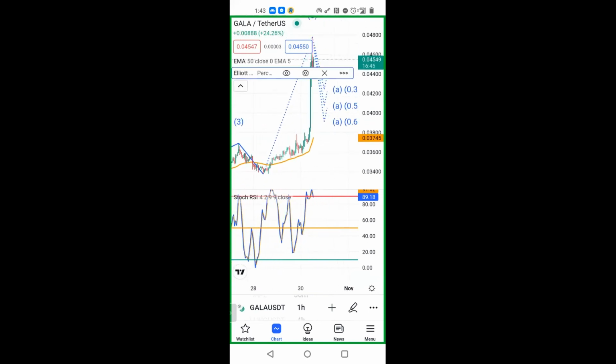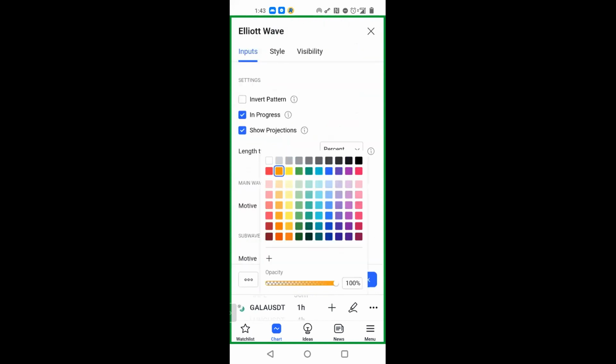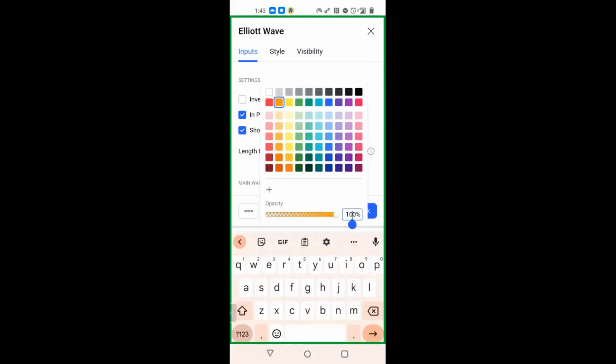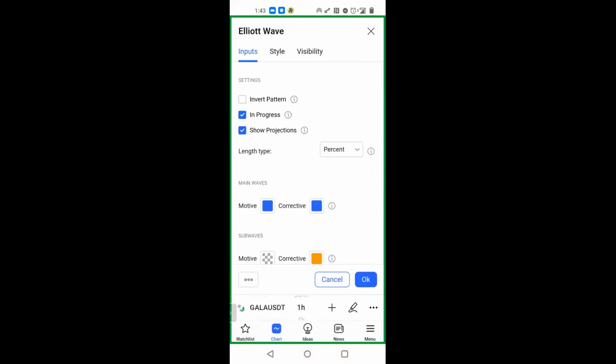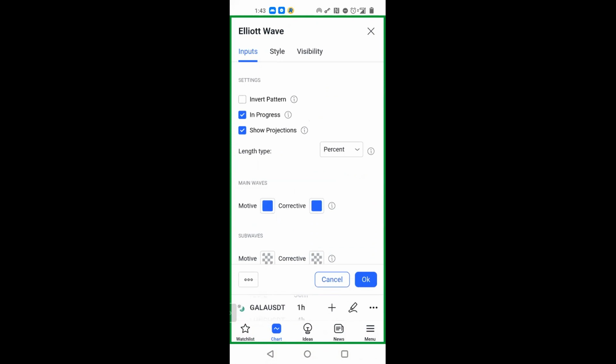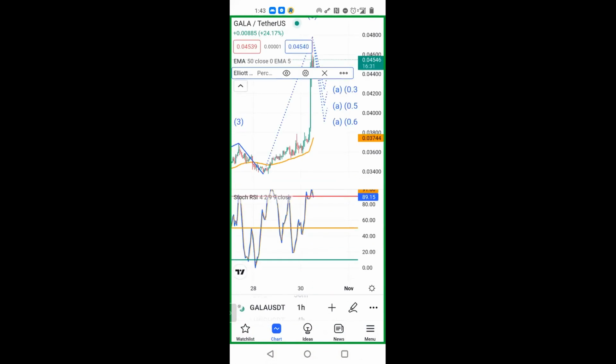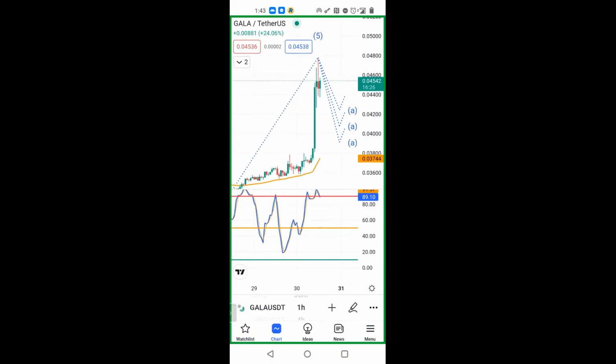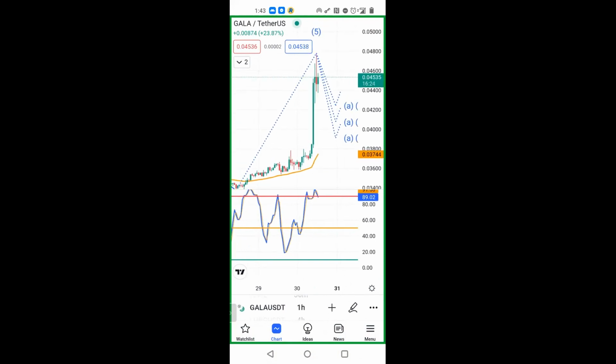What you can do is remove them: you just put the opacity to 0. You remove also the collective ones, those are the A, B, C. Then you save as default and press OK. So this wave will always show you the market trend.